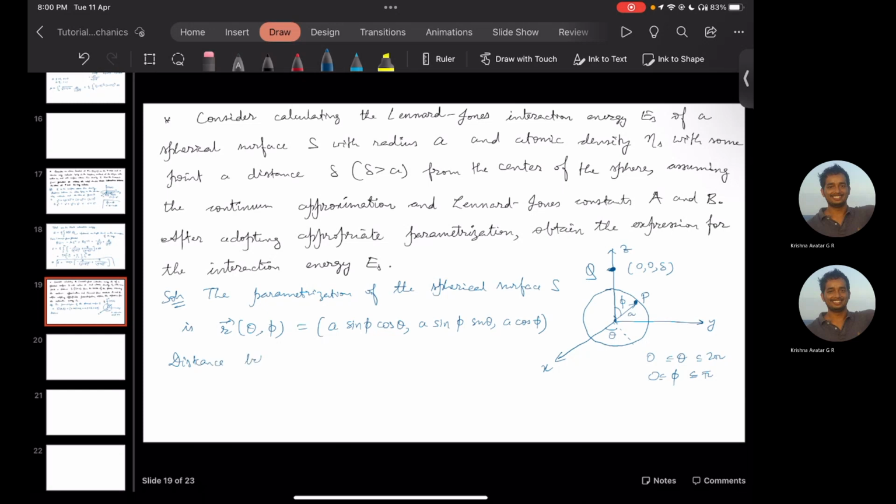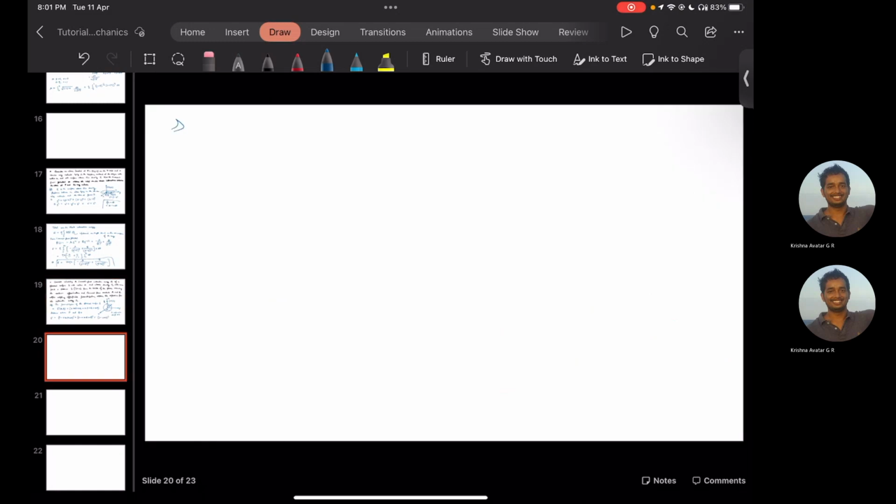So the distance between P and Q, we call it rho squared, is equal to 0 minus a sine phi cosine theta squared, plus 0 minus a sine phi sine theta squared, plus del minus a cosine phi squared. Is it not?